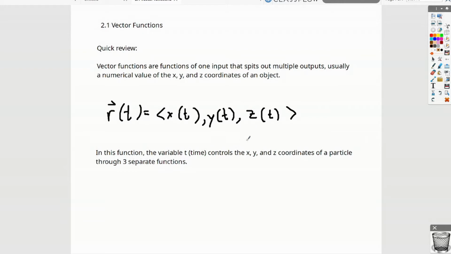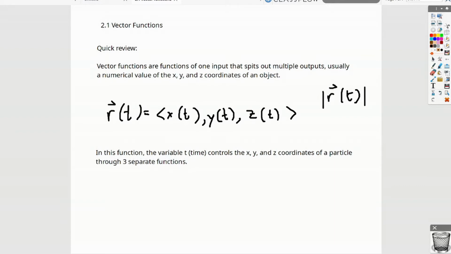It could also be a velocity, like a component of velocity or acceleration. So it doesn't have to be x, y, z coordinates, but it does indicate a magnitude and a direction, where the magnitude is simply the absolute value and the direction is denoted by the vector, like the slope.